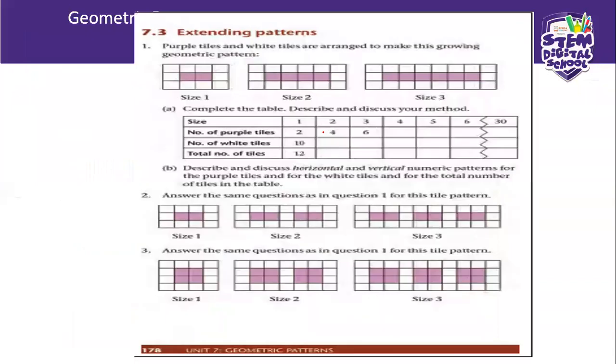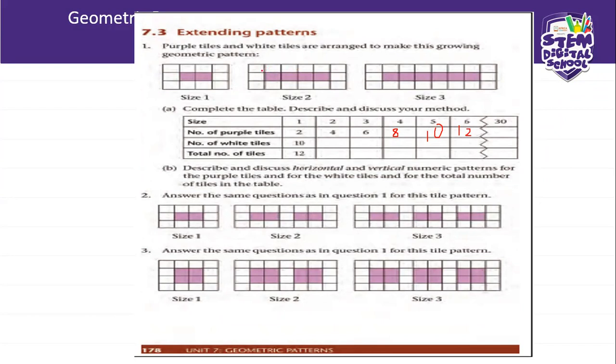We start with 2 purple blocks, then 4, then 6. So as we go along, we keep adding 2. Then for the white blocks, the first one is 10. What's the next one?